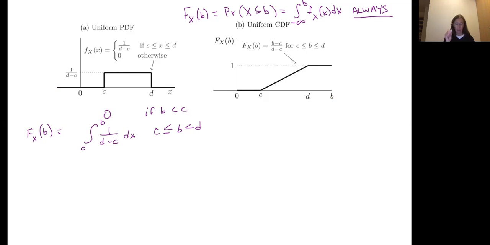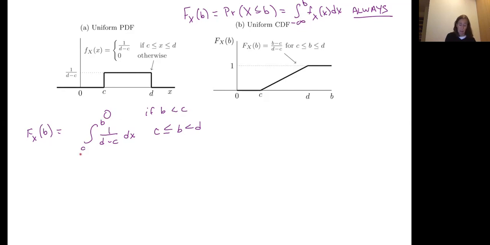Let me comment on a couple of things here. I need a valid limit of integration. The way I'm substituting c in for negative infinity is by taking care of all those values between negative infinity and c, all those values less than c, and noting that the cumulative probability there is 0.